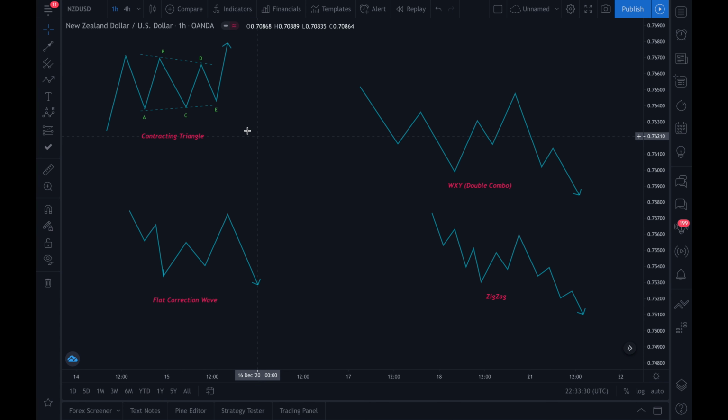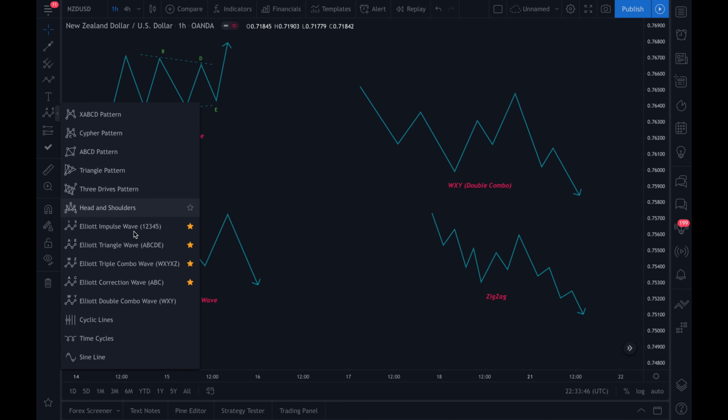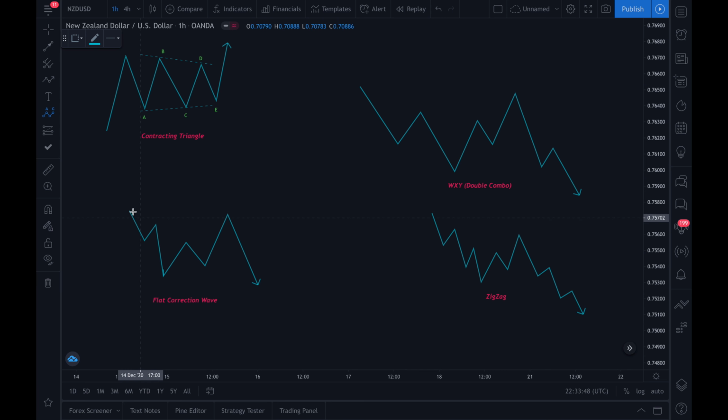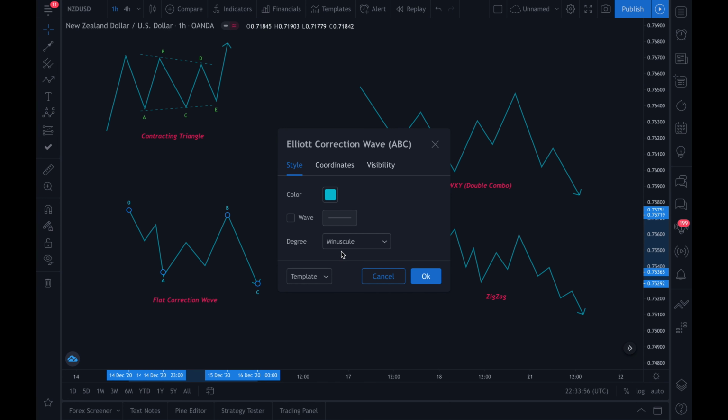This is very, very common, especially in stocks, you can find this pattern. It's called a contracting triangle, and we use it as part of an ABCD correction pattern in our A&A Pinnacle Strategy. Then we also have another correction wave that we commonly see in the market. This is going to be our flat correction wave. So A, B, C. Once again, price is fractal.